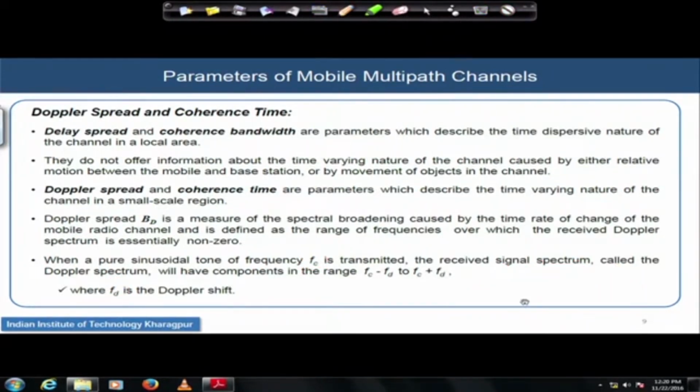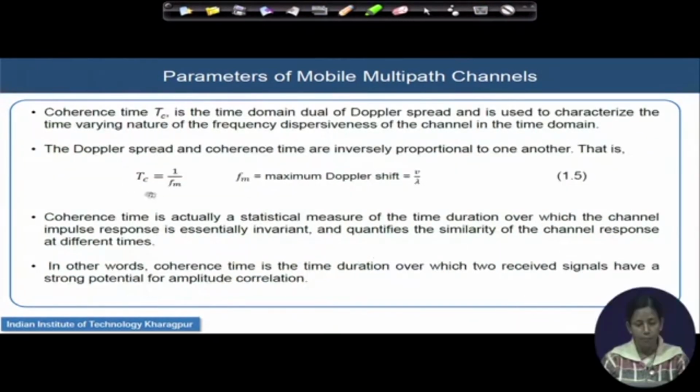Remember one thing: once we understand this has happened, we can correlate the maximum Doppler shift with the velocity of your mobile receiver. We can actually compute the coherence time.